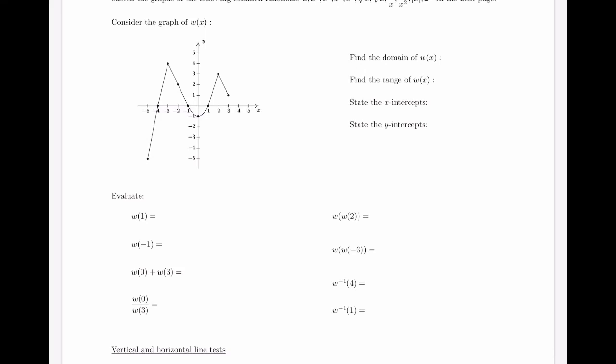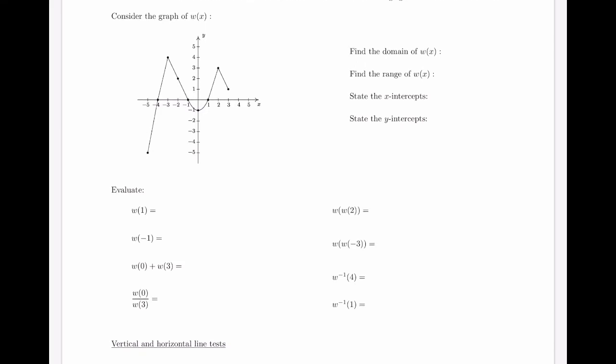Okay, so with this graph here, the definitions of things don't change. So the domain are still all the possible x values. And notice that my graph only exists along the x-axis between this point and this point, which means between -5 and 3, including the endpoints, because notice that these points are actually on the graph. So my domain is going to be from -5 to 3.